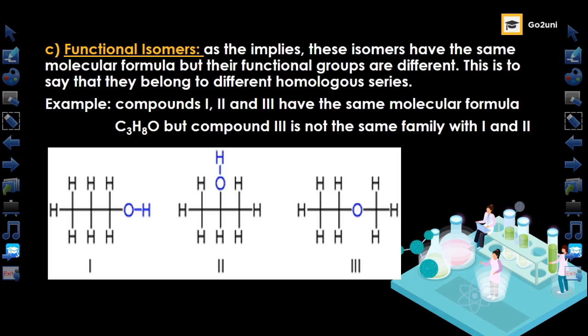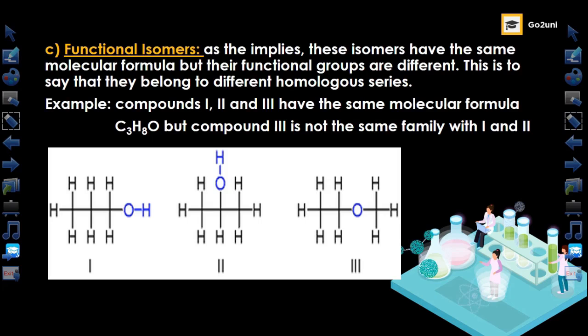If compound A belongs to aldehydes, while compound B belongs to esters, then they are said to be functional isomers because they belong to different homologous series, have different functional groups, and what they only share in common is molecular formula, probably by coincidence.